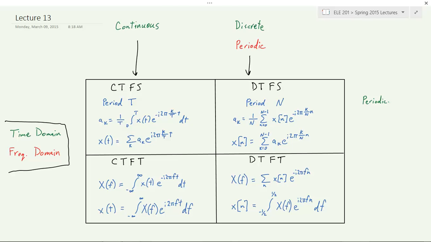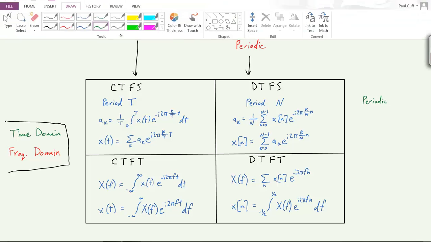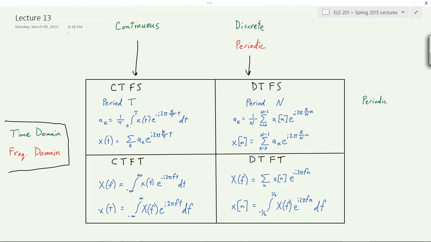The lower row. Now, in frequency, we notice that the Fourier series gives us back a list of coefficients. In other words, in frequency, it's discrete. All right, whereas the Fourier transform is not discrete in frequency. It gives us a function of f. So this is continuous.